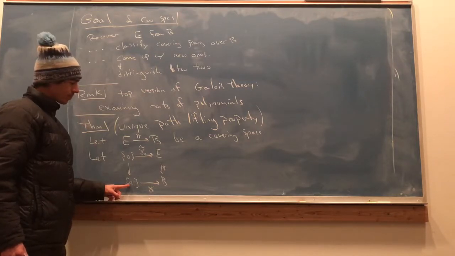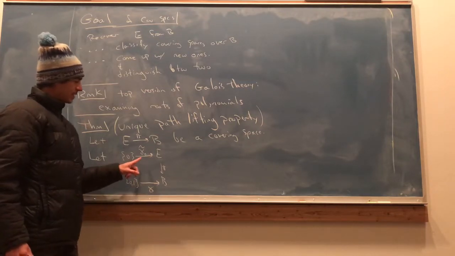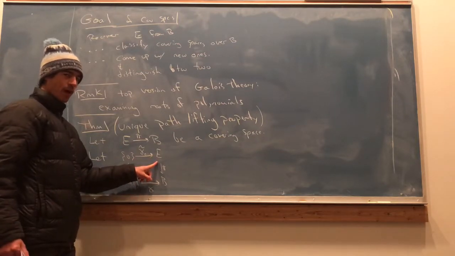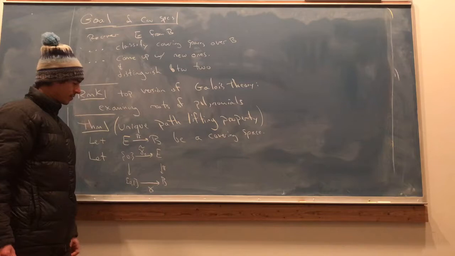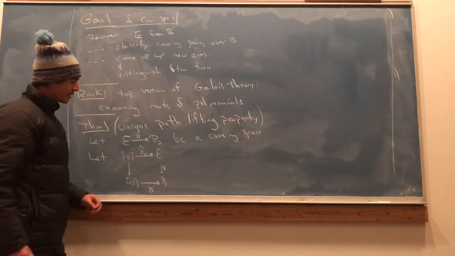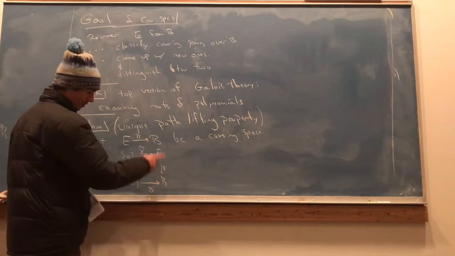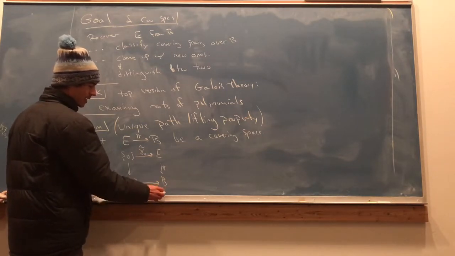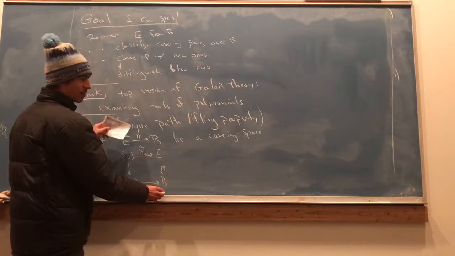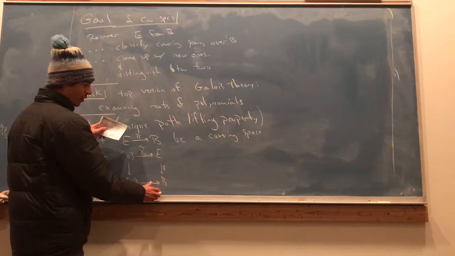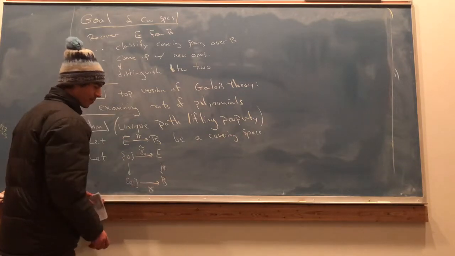A continuous map from a point to E is precisely just the data of a point in E. And to say that this diagram commutes means that this diagram is a path in B together with a choice of an element in capital E over the starting point of that path.